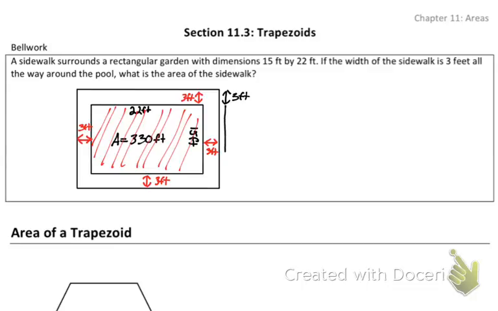Then we'd have to go that 15 feet. And then we'd have to go 3 feet more to get from edge to edge. So that total length is going to be 15 plus 6, which is going to be 21.